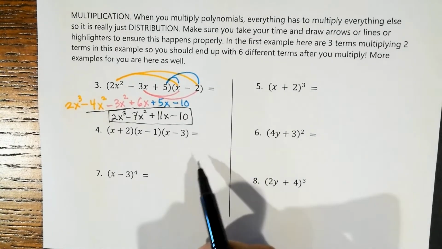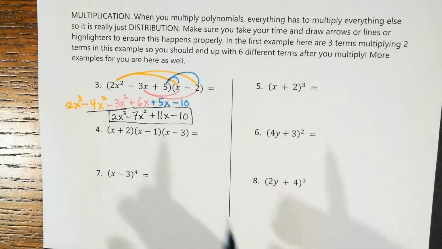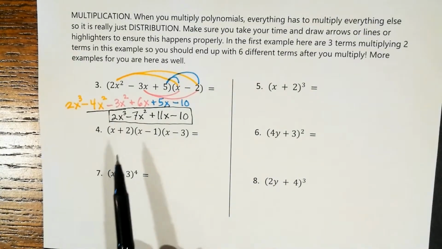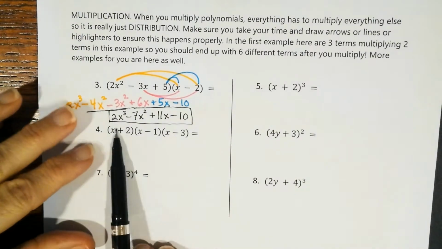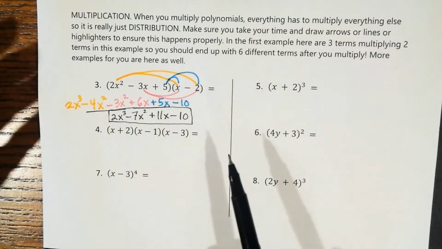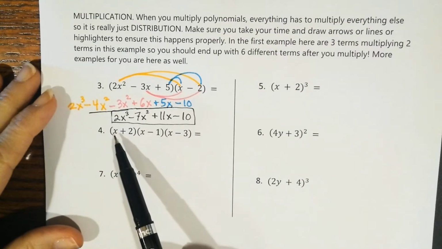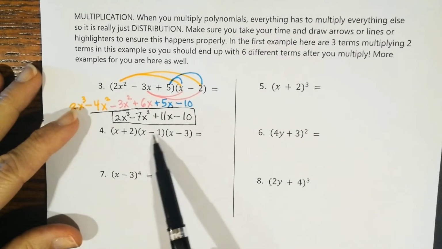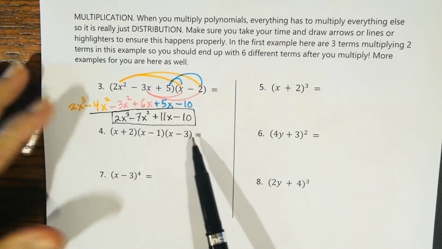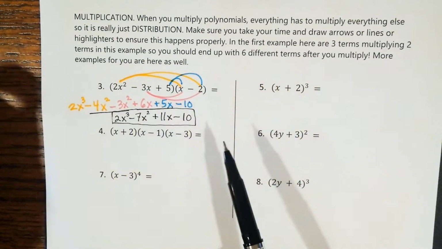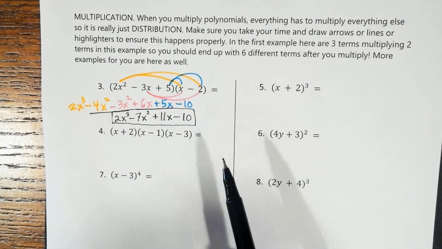Now, I don't think I've left enough room here, but when you have more than 2 binomials, so these first 2 you would do with FOIL like we did before, but now you're going to have 2 things times 2 things times 2 things. So you'll end up multiplying 8 different times. I would suggest that you do 2 at a time only.